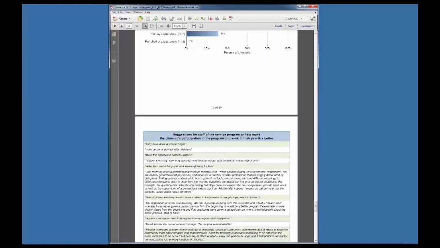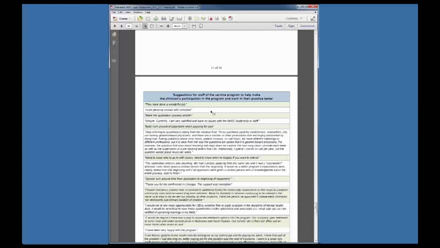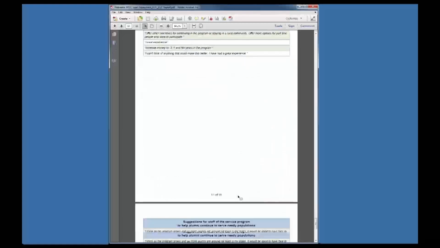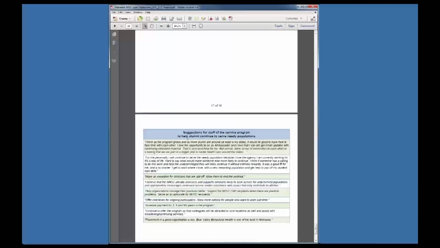And then, as you know, there were two questions at the end of this questionnaire that asked for suggestions for the staff and the service program to help make participation better for clinicians. Another asked what can be done to help make retention longer, to help alumni continue to serve needy populations.